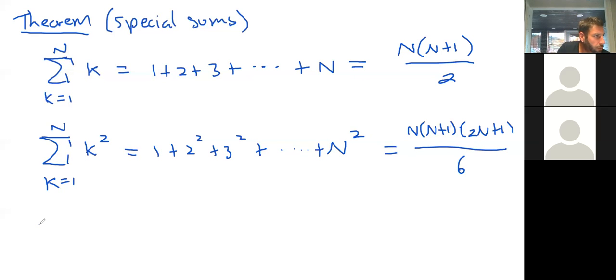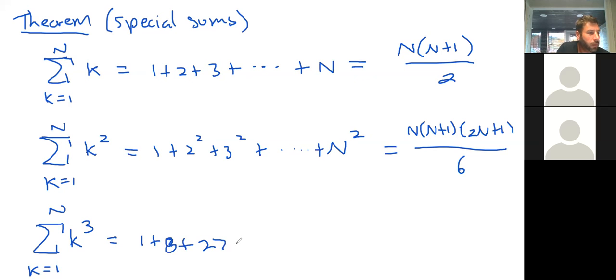And then you could do this for all powers of k. We'll just write one more down because it could be useful in the homework. If I want to do the cubes instead, like 1 plus 8 plus 27, 4 cubed is 81.